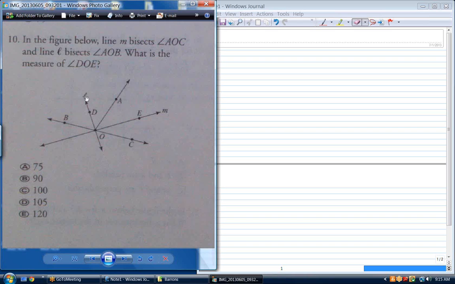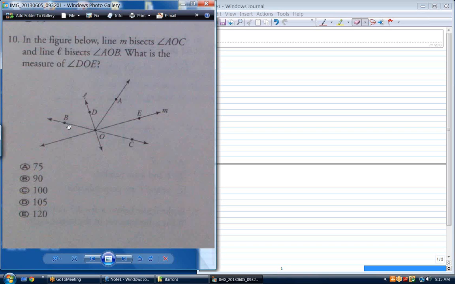Okay, if that line is L and this line is M, and they're saying M bisects angle AOC, and L bisects angle AOB.